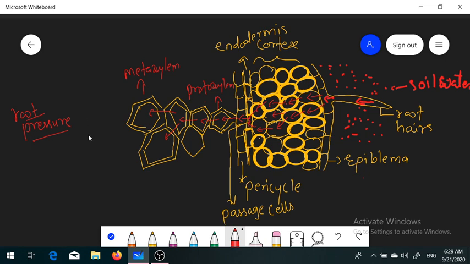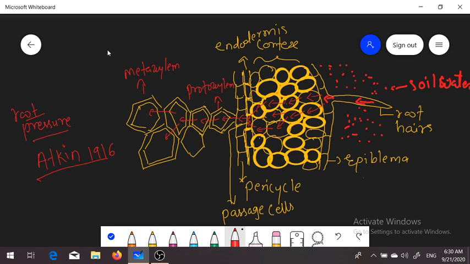Okay. So this theory is given by the scientist Atkin in 1916. The scientist Atkin proposed this theory, and this theory is known as the osmotic absorption theory.